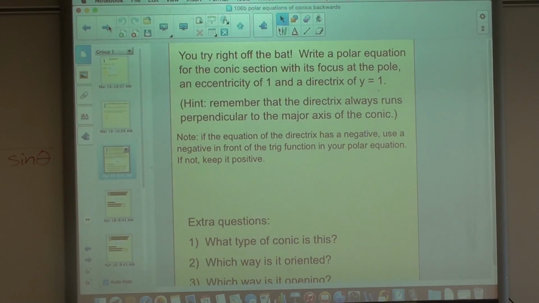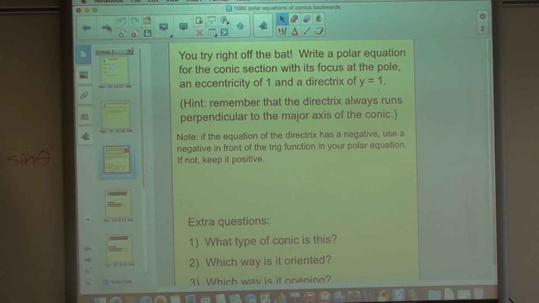Okay, tell me something else we know. We know that E is 1, so the number here is 1. There's always a 1 here. And there's a 1 on top because that's ED, and the distance from the pole to the directrix is 1. So the only thing you don't know is if this is a plus or a minus.